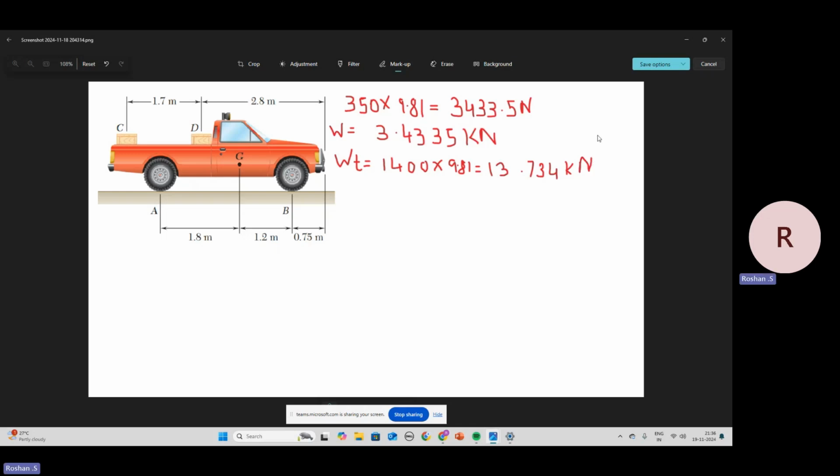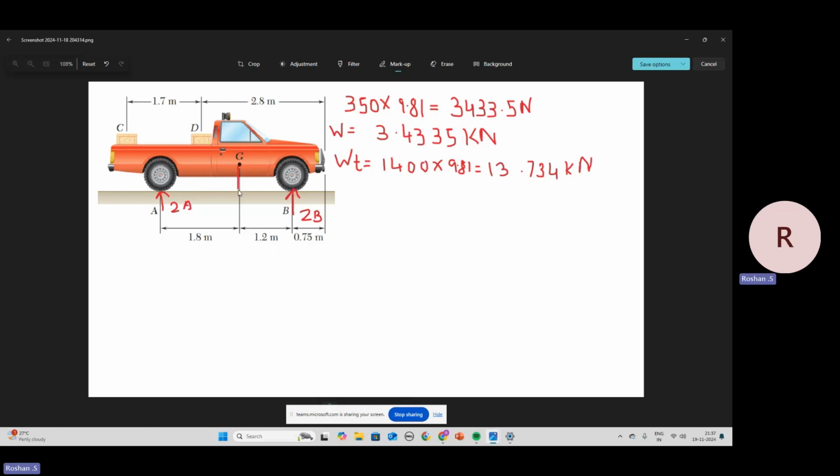Now we have to calculate the moment about any point. So the force at B is considered to be this way, 2B, and here 2A.